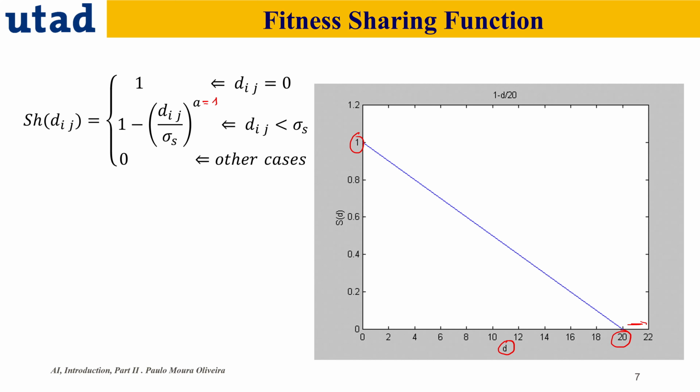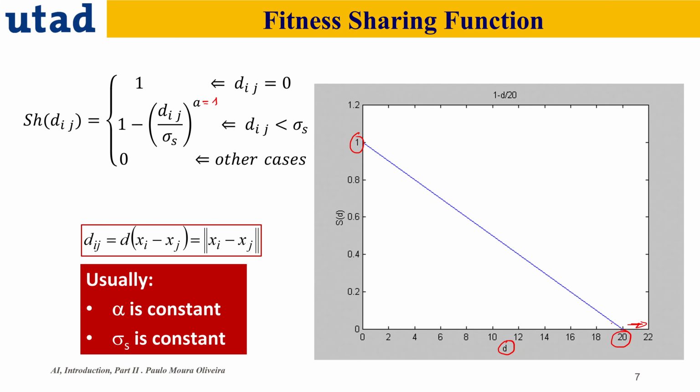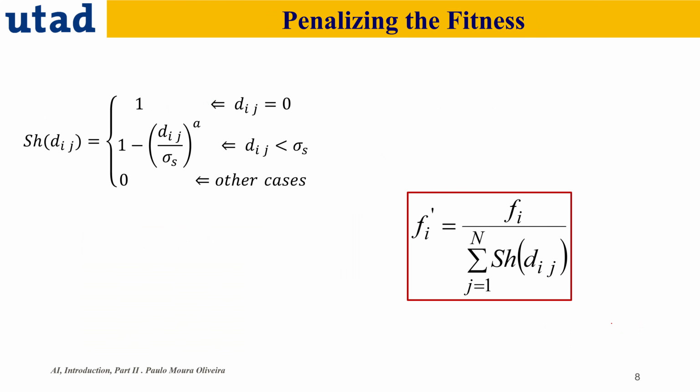Out of this radius, there is no penalizing of the fitness. After you evaluate this sharing between all the individuals, the way that you penalize the function, the shared fitness, is this one, which is the division of the fitness by the sum of the shared values.